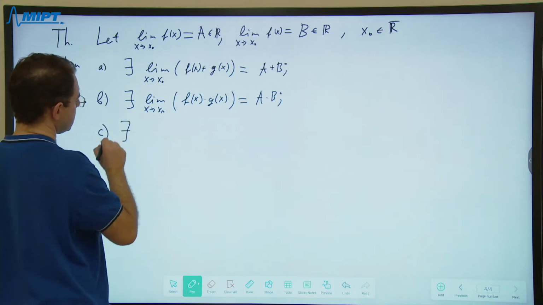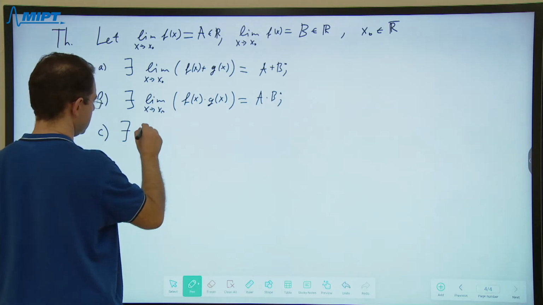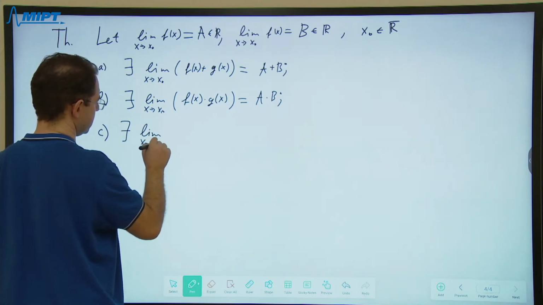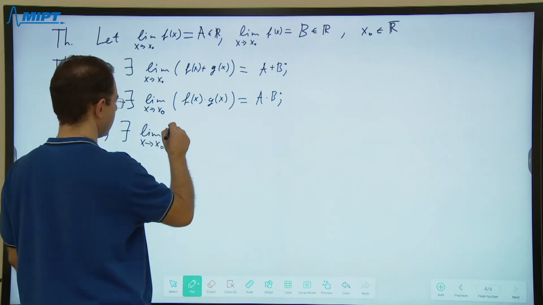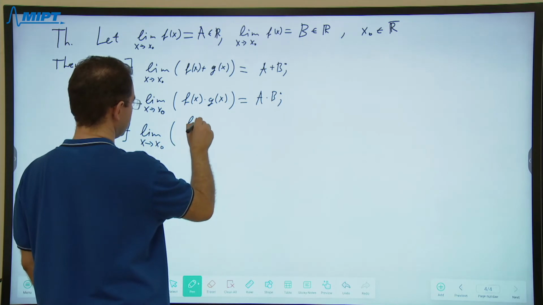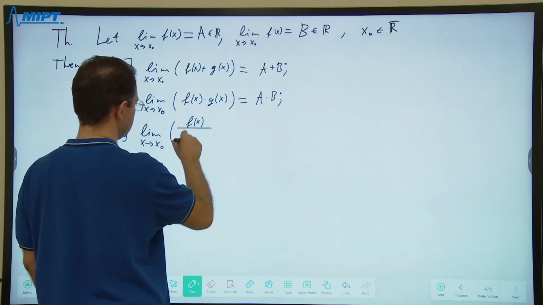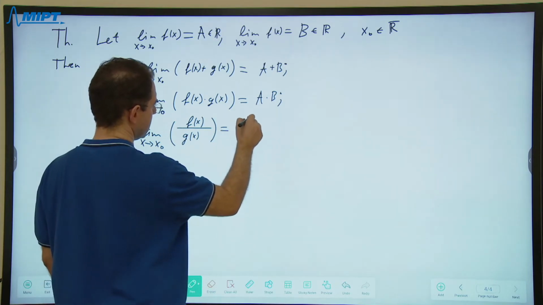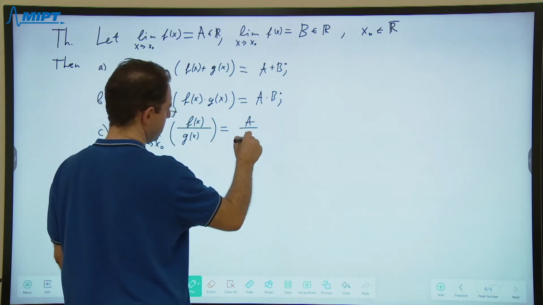And there exists a limit as x tends to x0 of f of x divided by g of x, and this limit is a divided by b.